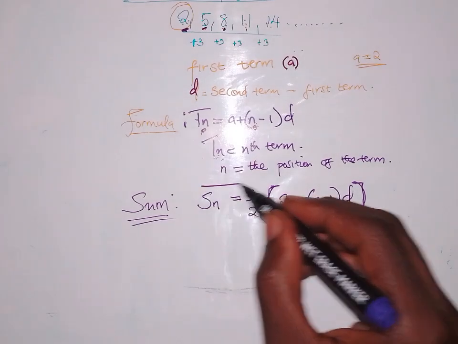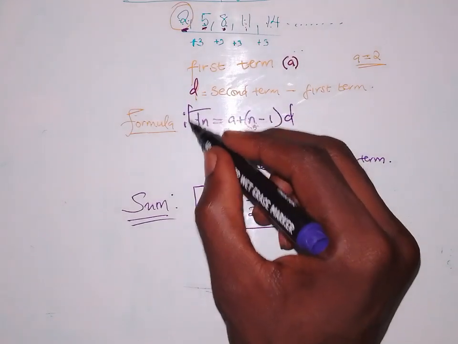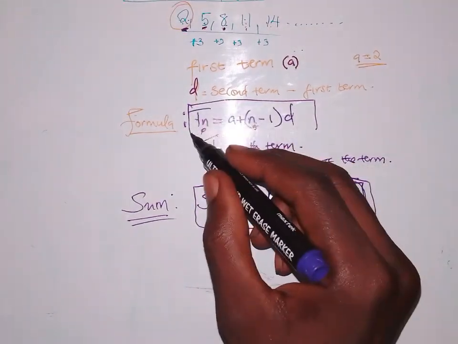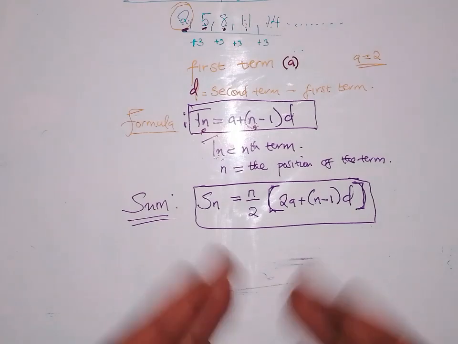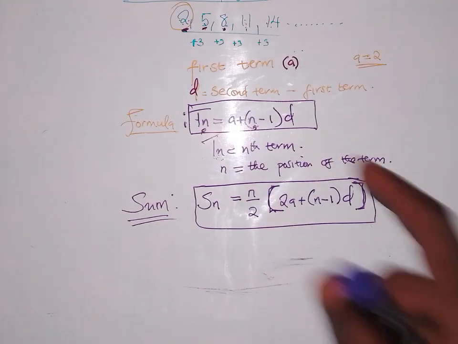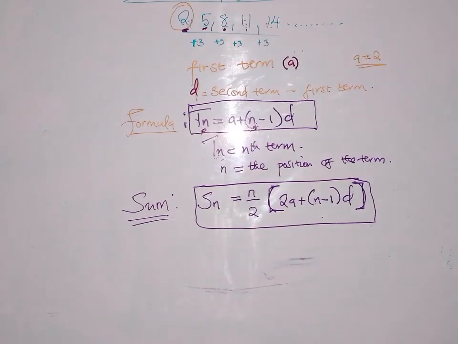So these two formulas, make sure you know them very, very well, because you won't find them anywhere. You just have to master them. The simple way to master this formula is that if you look at this formula and this formula, they are similar.